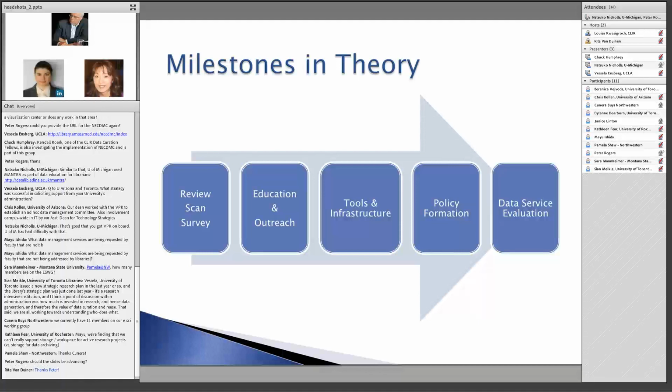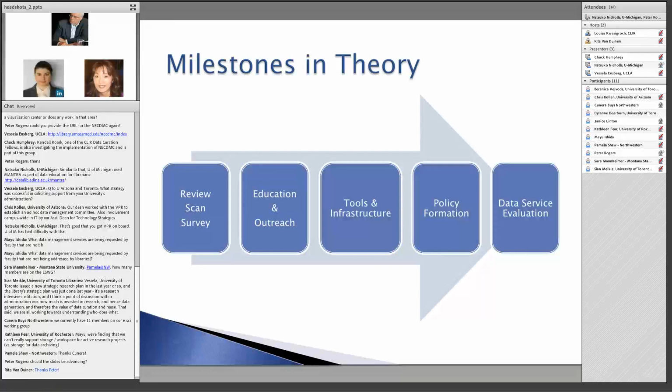As you know, data support and services are increasingly being recognized as a crucial component of library services. You're all from libraries. Indeed, many academic libraries are quickly developing support for research data management and curation, including both new services and infrastructure. Through today's webinar, we'd like to get you started with a suggested roadmap and milestones.